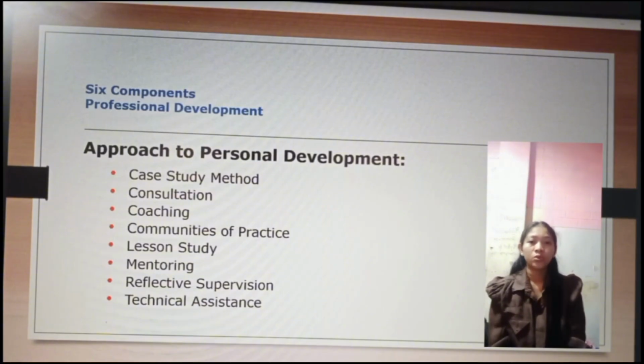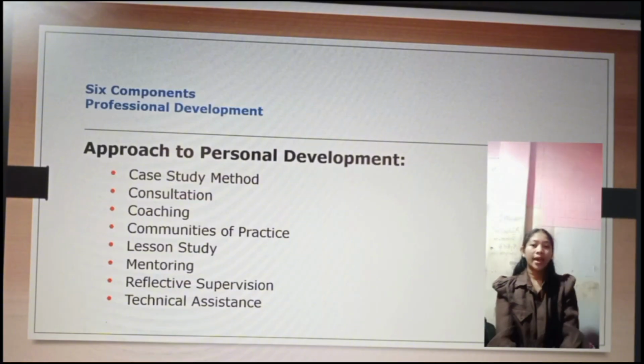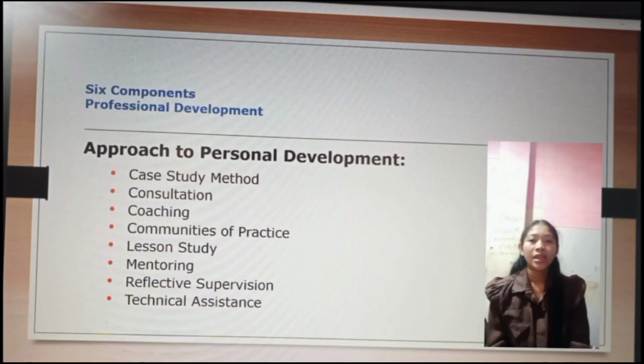Next, coaching, working with a coach to set goals, develop strategies, and overcome obstacles to achieve personal and professional growth. Example, an executive working with a leadership coach to improve their communication and decision-making skills.